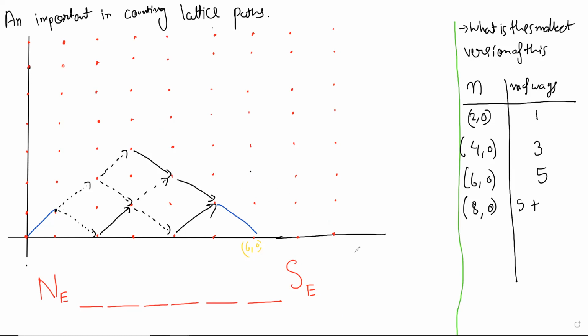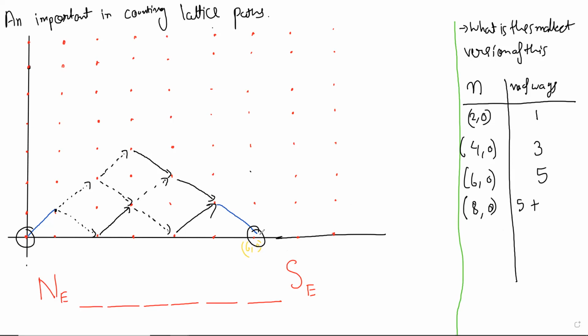Let me say this. The first 5 moves is clear. That is just the moves that end here from 0, 0 to this. So now we must ask what moves are remaining, right?